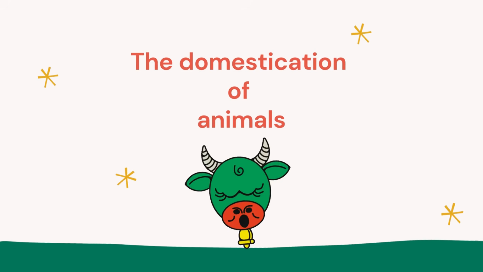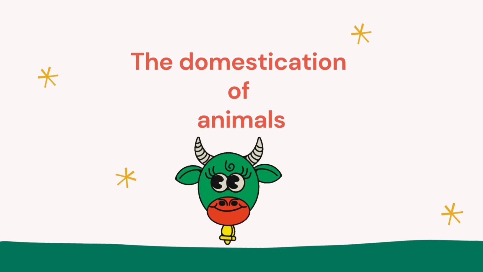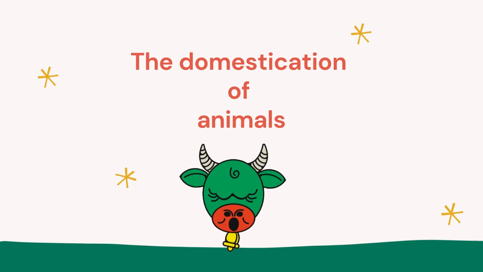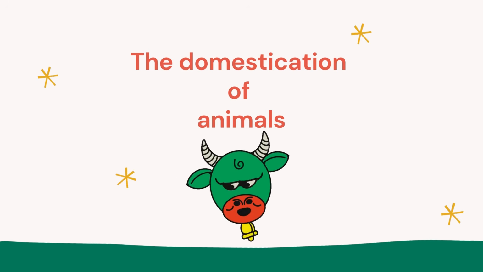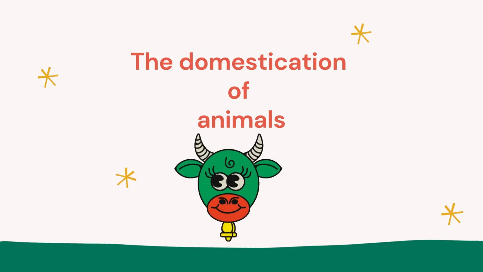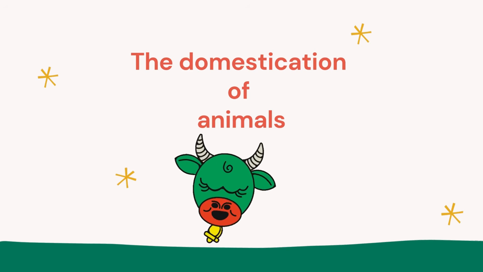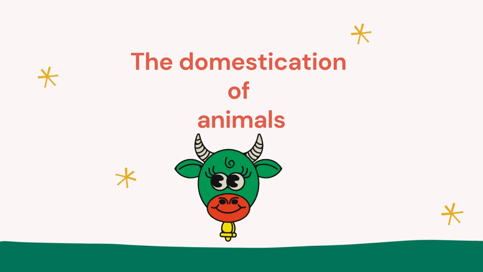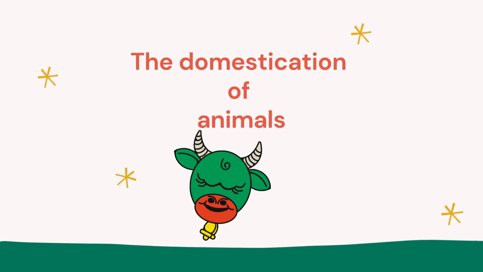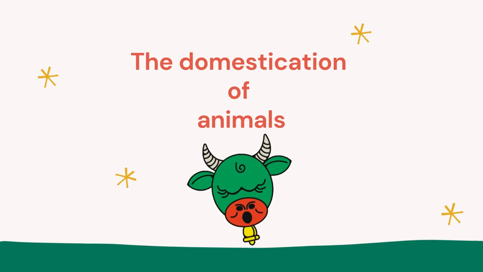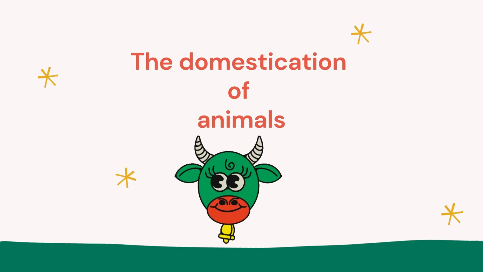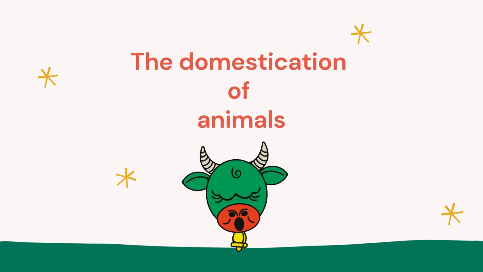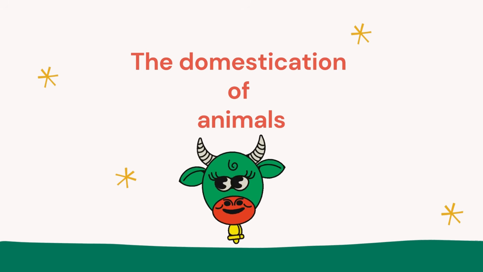Some domesticated animals become entirely dependent on humans for their survival, and animals that have been domesticated for food and other products are called livestock or farm animals, as compared to wild animals which live in the wild and they survive without human interference. But with farm animals or domestic animals or livestock, they depend on humans most of the time.